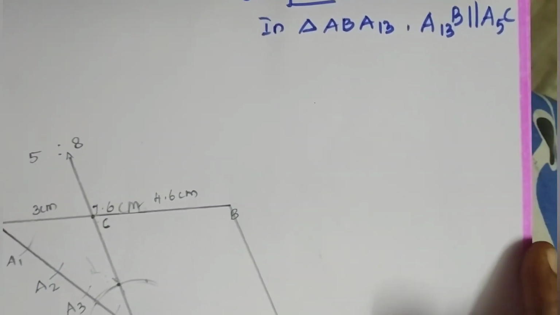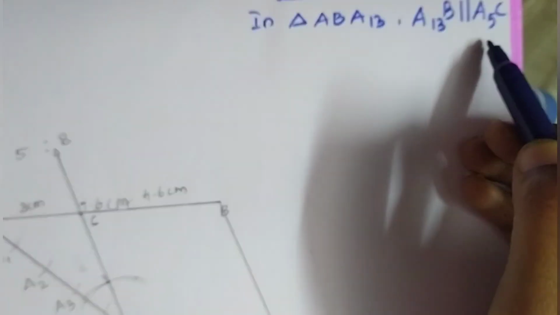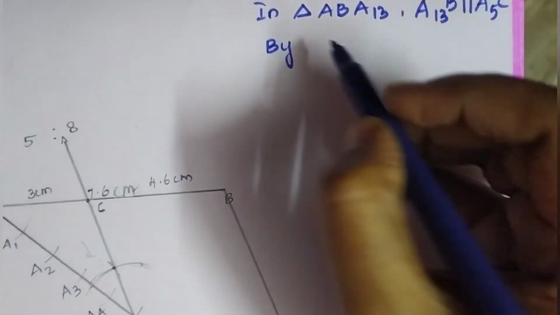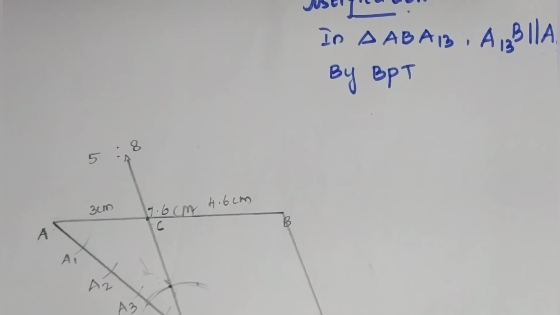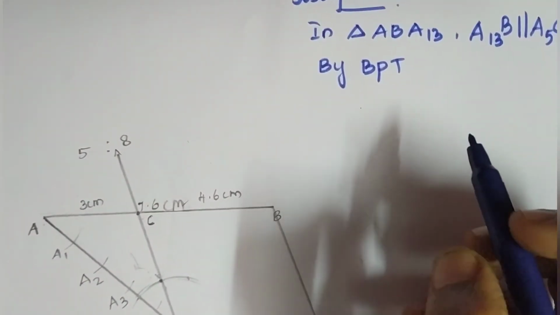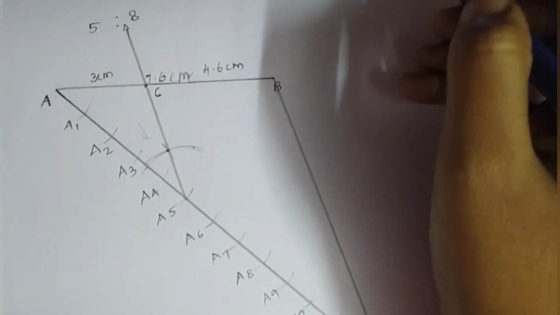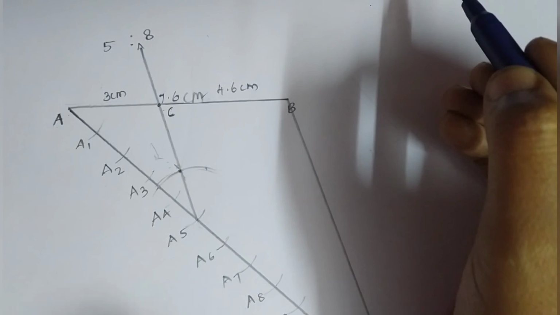Since the two lines are parallel in the triangle, by which theorem can we tell that the sides are in the same proportion? By the BPT theorem. By the BPT theorem we can tell that the sides are in proportion.